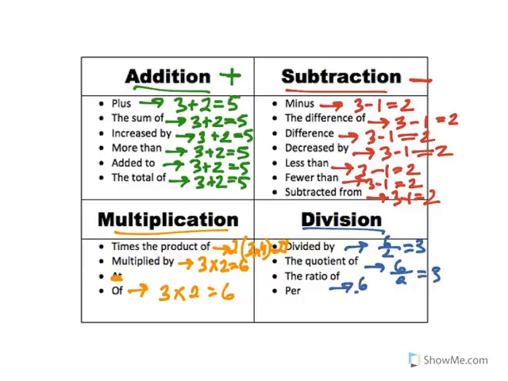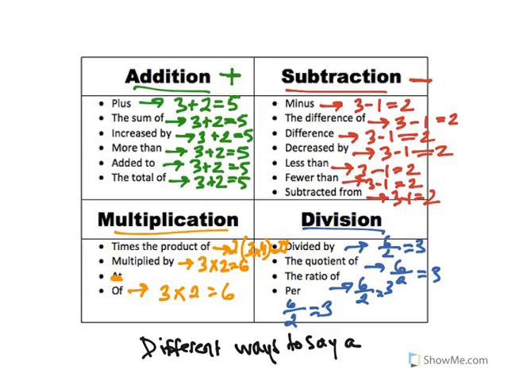The ratio of 6 to 2 is 3. And 6 per every 2 is 3. So these are just different ways to say an operation.